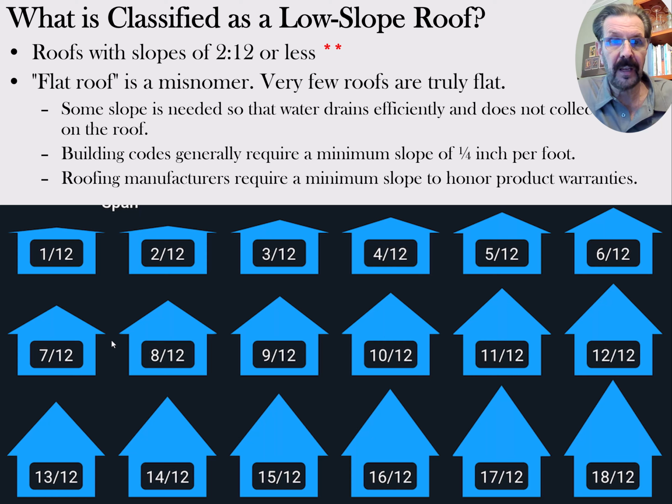For instance, shingles made of asphalt fiberglass material, the typical shingles we use, what we call a composition roofing shingle, will list on the bag of shingles 4:12 slope minimum to honor a warranty.